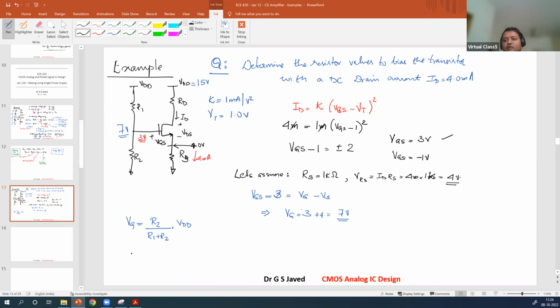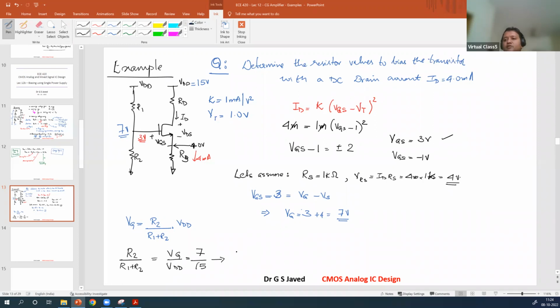R2 by R1 plus R2 is VG over VDD, and VG is 7, VDD is 15.